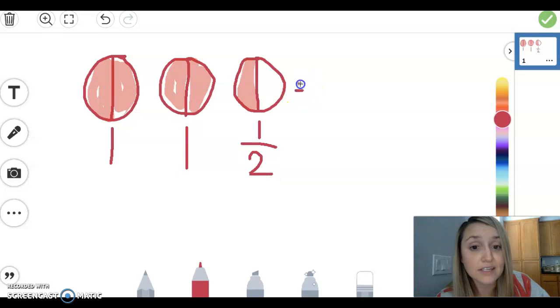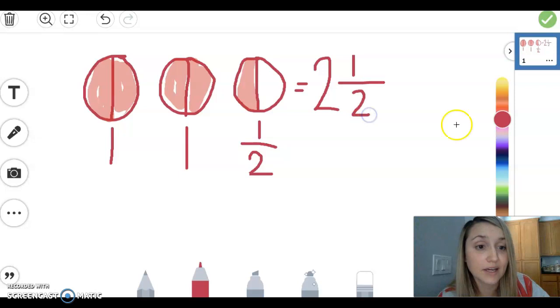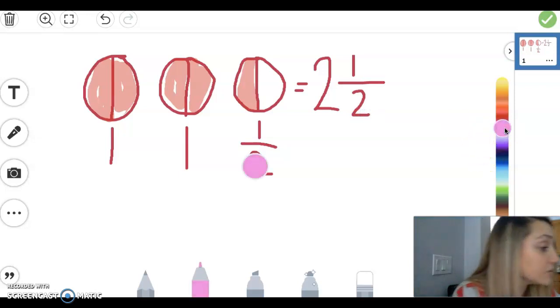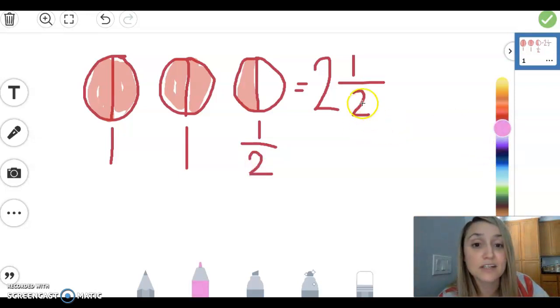So if you add these together, you would have 1 whole plus 1 whole would be 2 wholes, and then you have a half. And then they also want you to make it into an improper fraction. So if you did your multiply here, your add here, it would be 2 times 2, which would be 4, plus 1 would be 5.